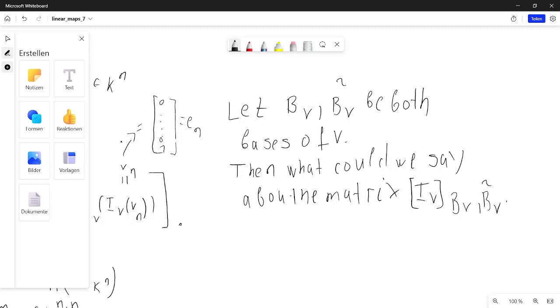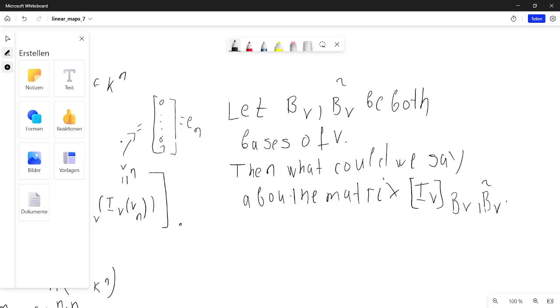We want to map vectors to the same vectors, but we want to have the coordinate output with respect to the other basis, right? We can do that because identity is a legitimate map, and we can just take those bases to represent this.